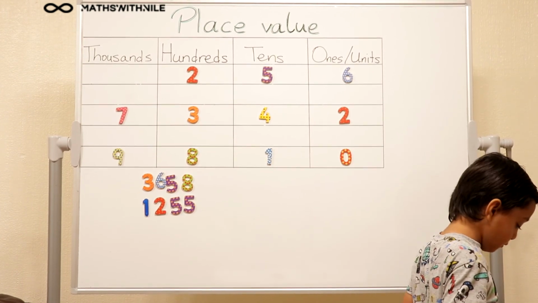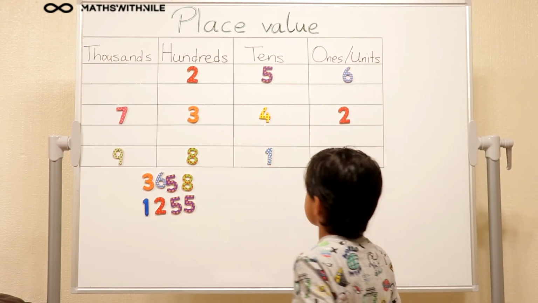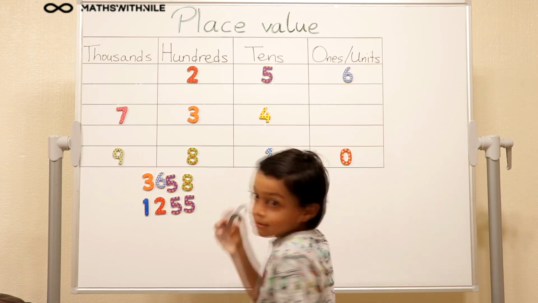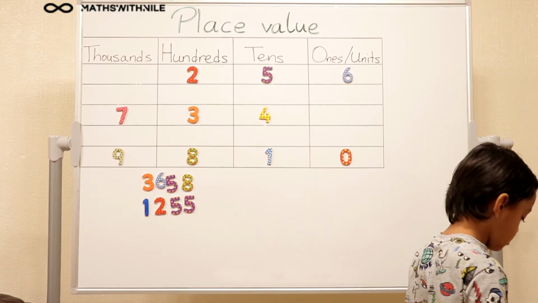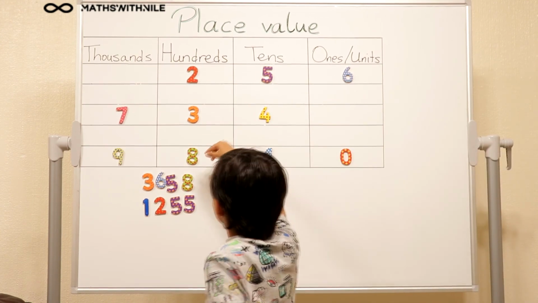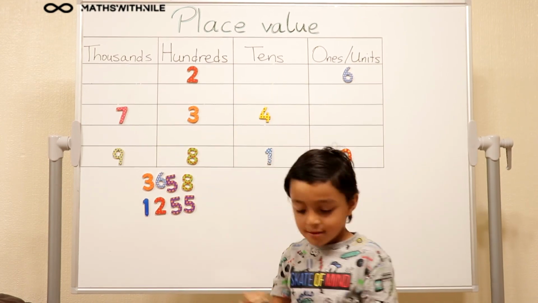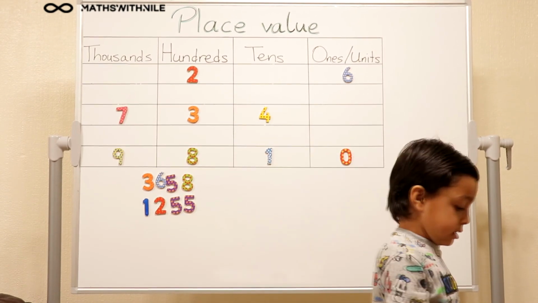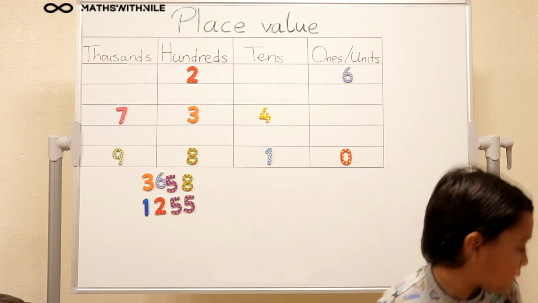We don't have any more 2s left. You can grab one from the table on top. Just grab one of those, that's fine. And 3 thousands.